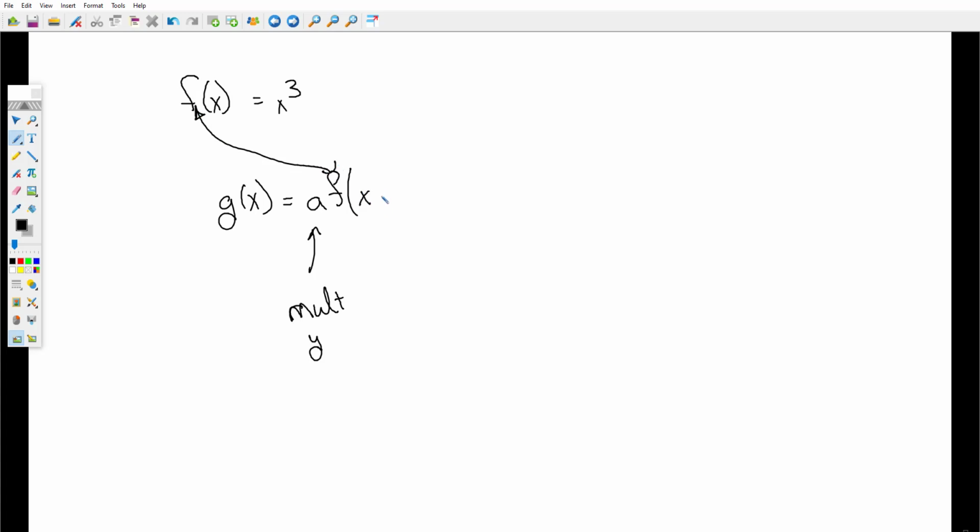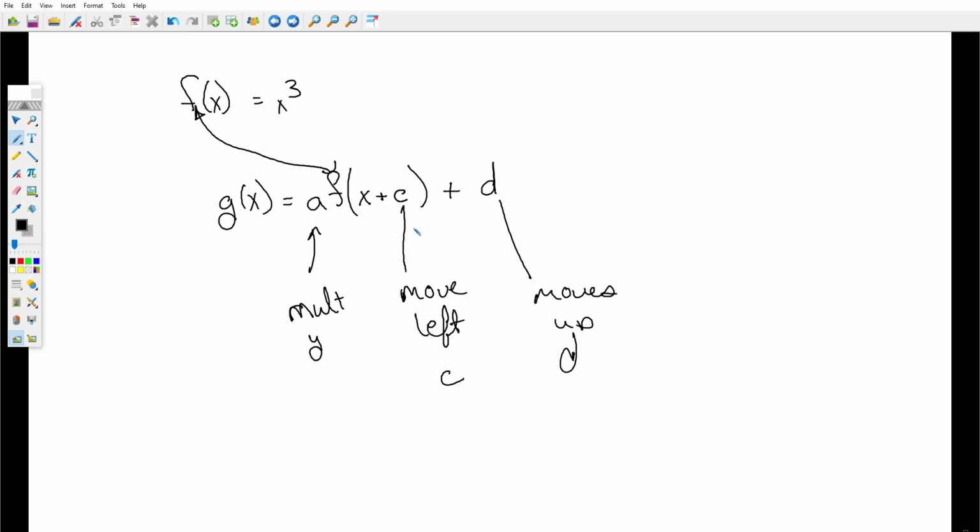So like I say, x plus C means I move left C. Anything added out here moves up or down D. And if I have a multiplier inside, that divides my x.